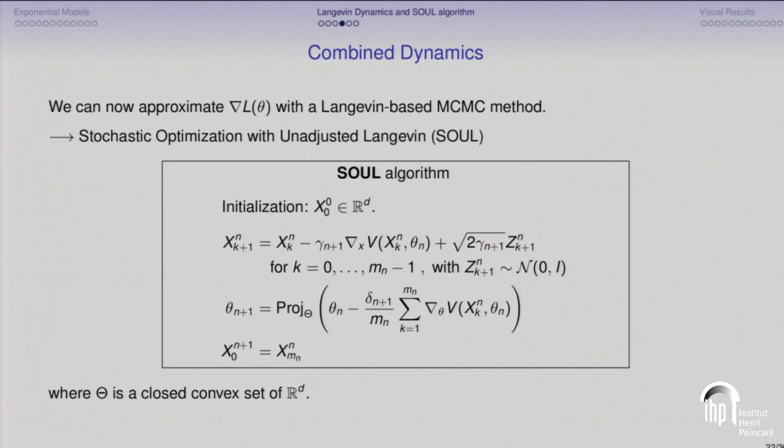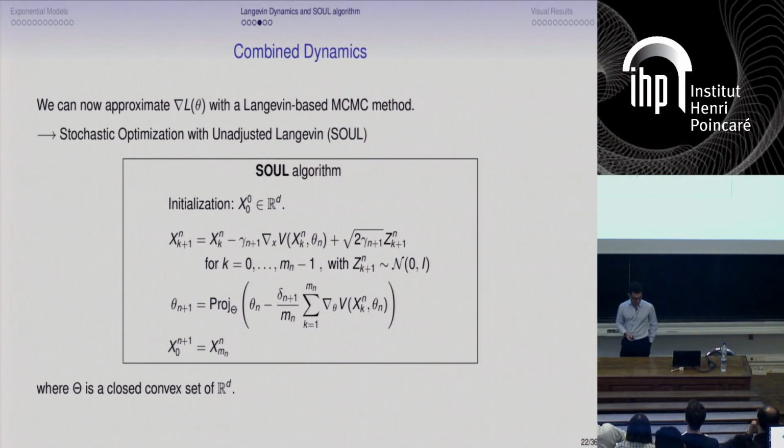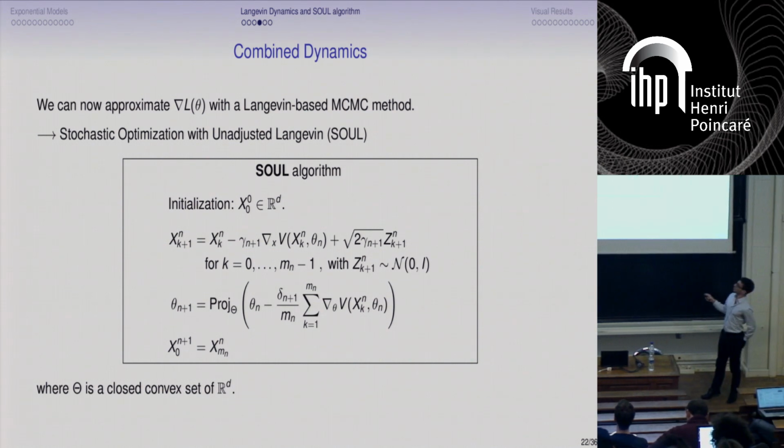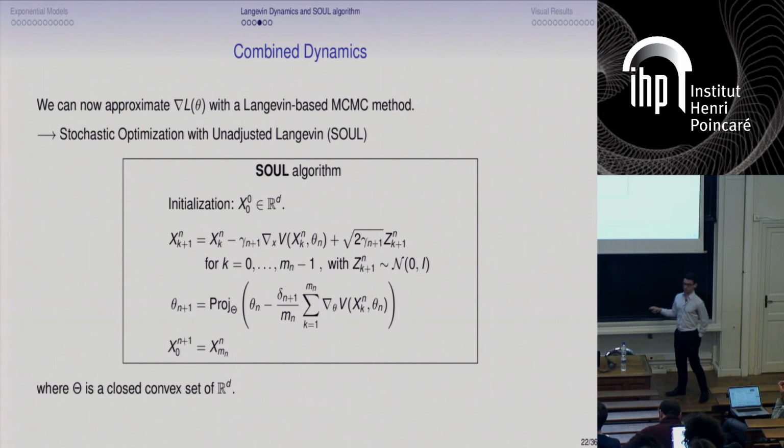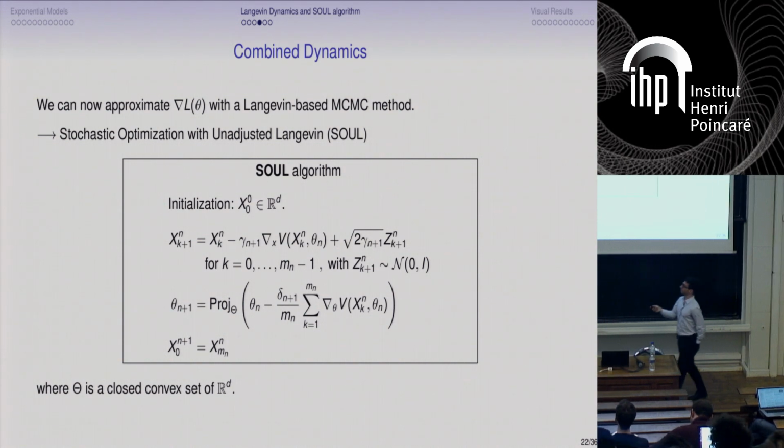And so the algorithm that our colleagues came up with tries to use a Langevin algorithm to approximate the gradient of the likelihood that we've written in the first part. So they called it stochastic optimization with unadjusted Langevin because at each step you estimate your gradient with a Langevin which is stopped after mn steps of Langevin, right?